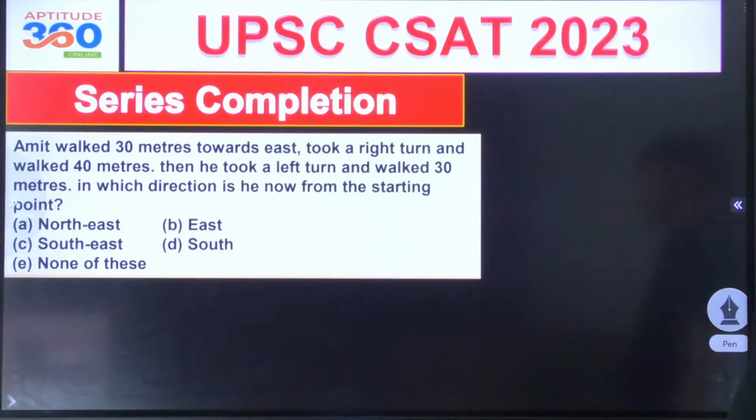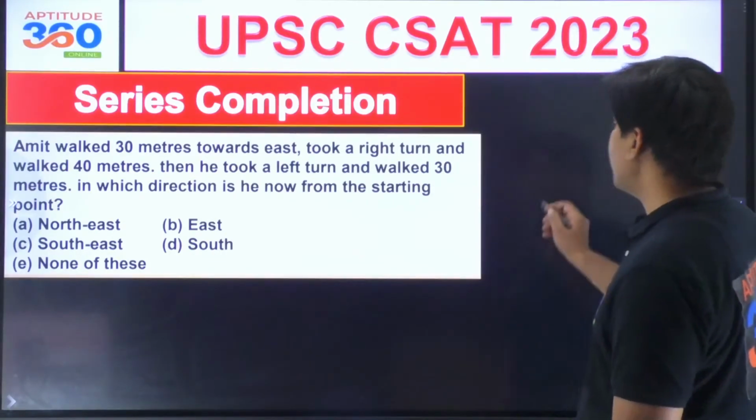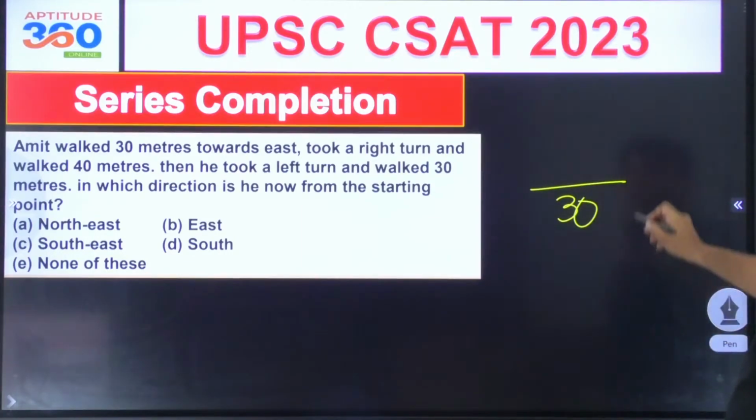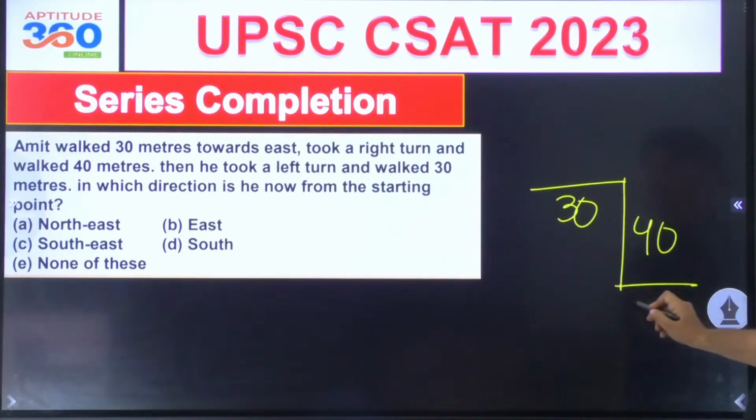It's a pretty simple problem. C. Almost everybody is getting C. Amit walked 30 meters towards east, 30 in the east, and then took a right turn, walks 40, and then took a left turn and walks 30.